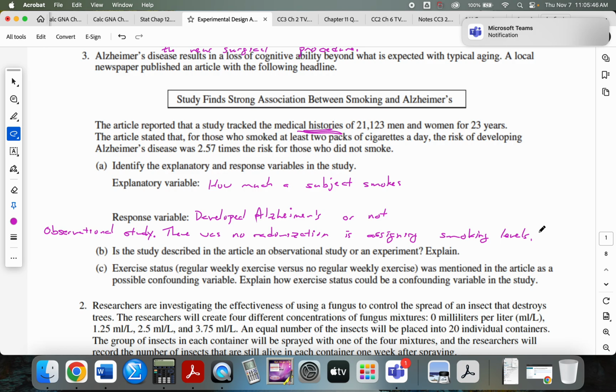So exercise status, regular weekly exercise versus no regular weekly exercise, was mentioned in the article as a possible confounding variable. Explain how exercise status could be a confounding variable in the study.